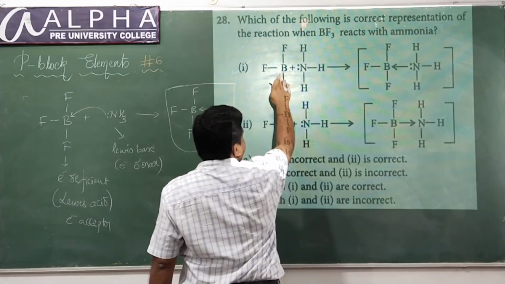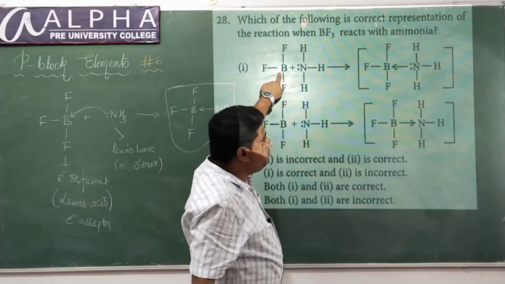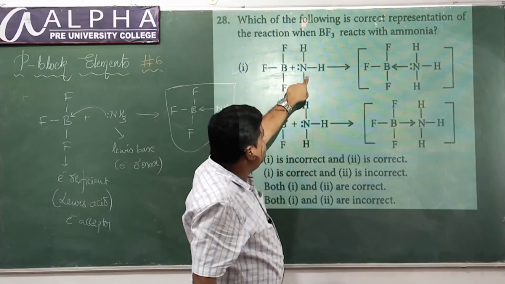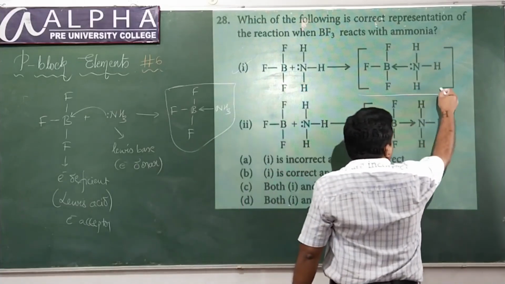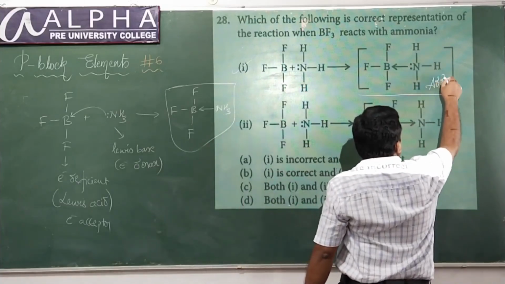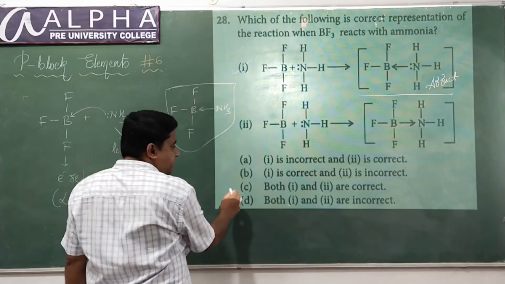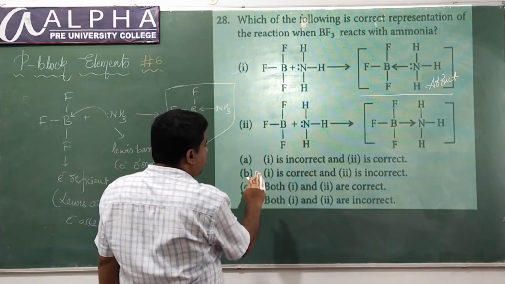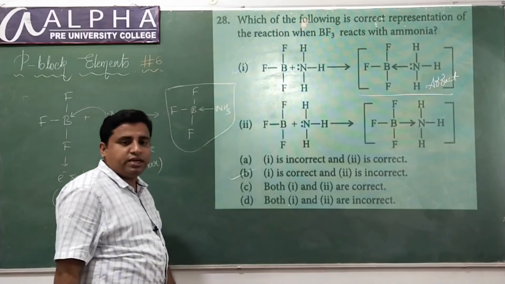Nitrogen will donate its lone pair of electrons to boron because boron is electron deficient and ammonia is electron rich. Lewis acid and Lewis base combine to form an adduct. What is this called? This is called an adduct. So what is the correct answer? 1 is correct, 2 is incorrect. Therefore the correct answer is option B.